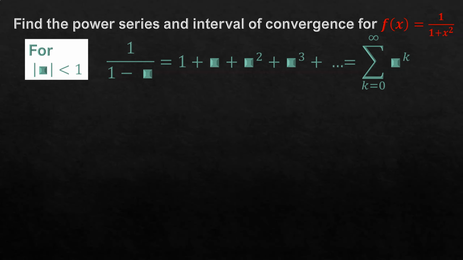Again, don't forget, this only happens when the absolute value of blank is less than 1. All right, our function can be rewritten as, well, you're right, plus is the same as minus a negative, right? So we can rewrite that as 1 over 1 minus a negative x squared.